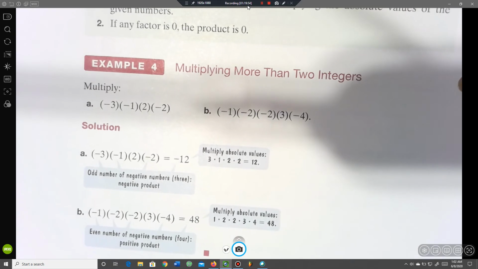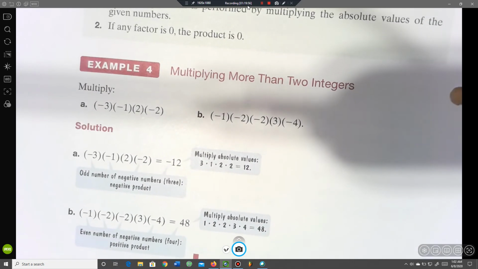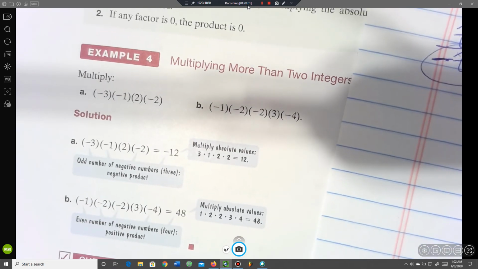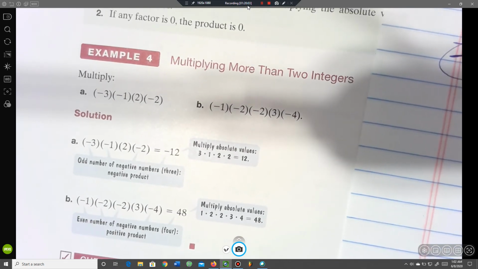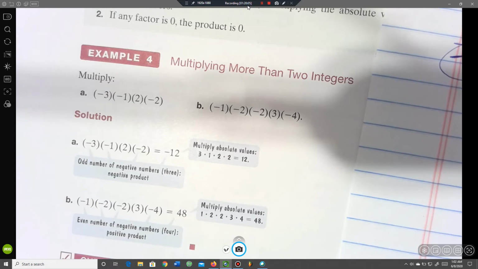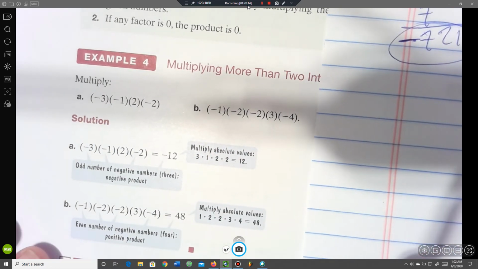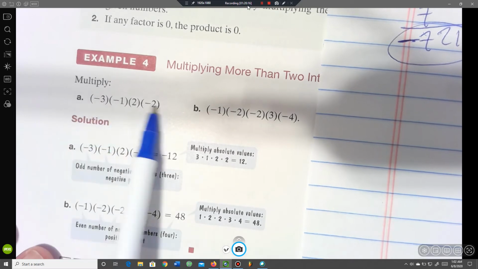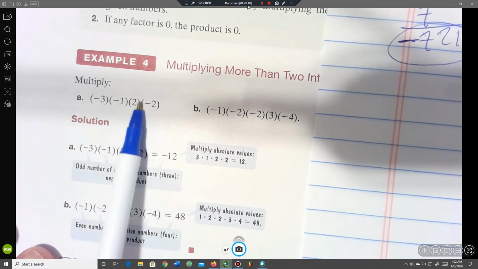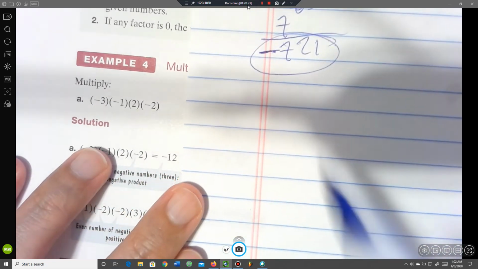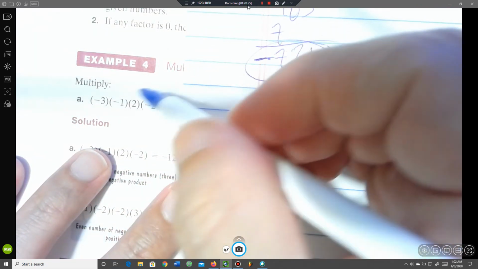Okay, multiply more than once, more than two integers. Remember that when we added or subtracted more than two integers, we were supposed to add or subtract from left to right. Well, in this case, you don't. When you multiply, you don't, because that's just one of the properties of multiplication.